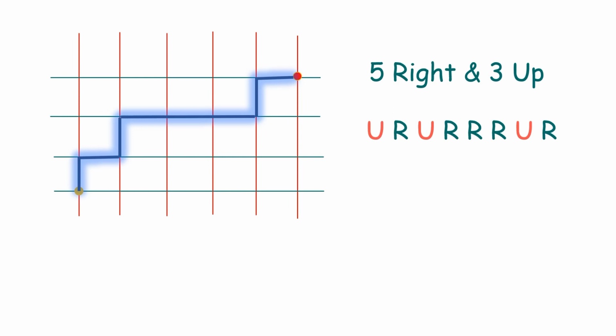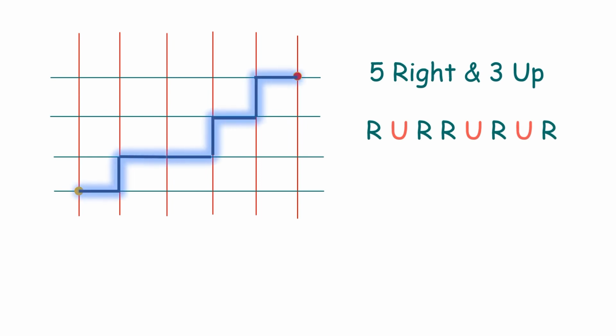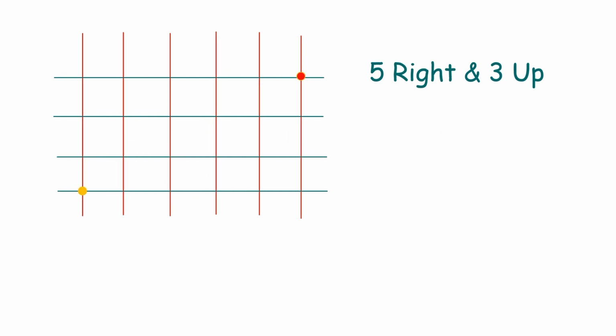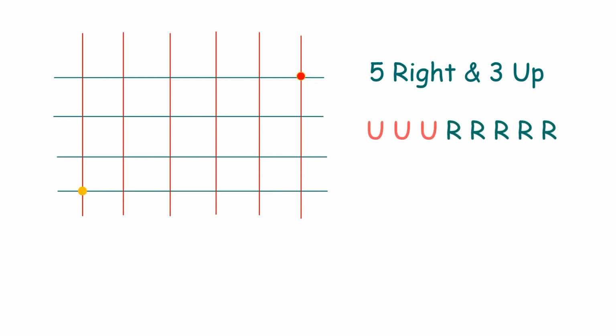And the path changes for different arrangements of these U's and R's. Just like this. If we take a different arrangement, we get a different shortest path. For another arrangement like this, we get this shortest path.